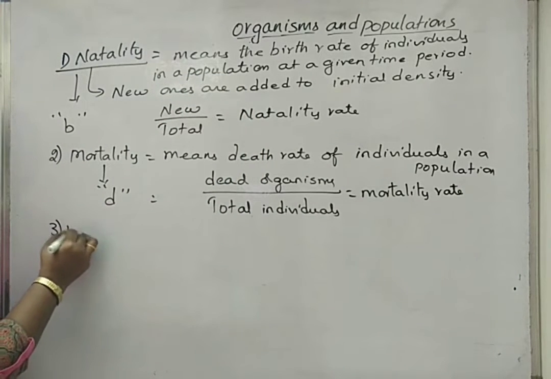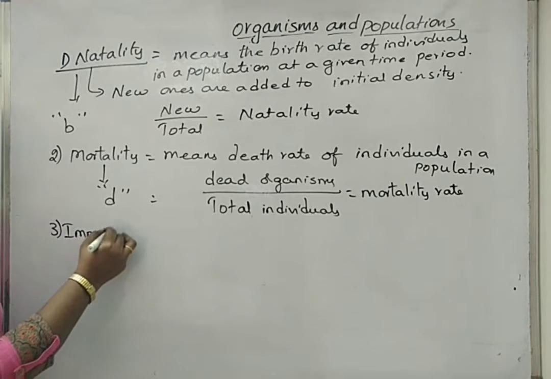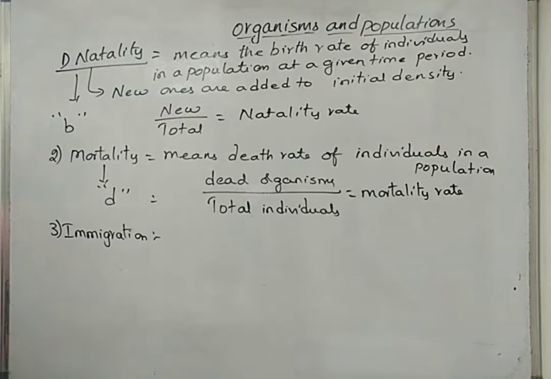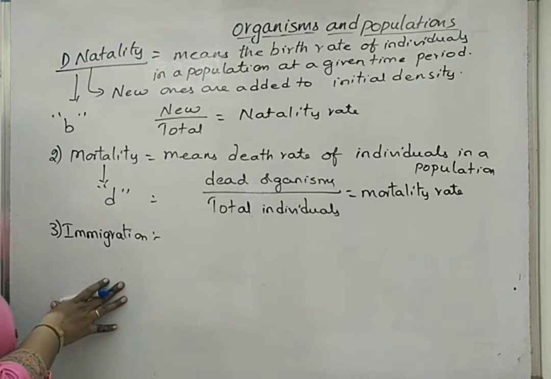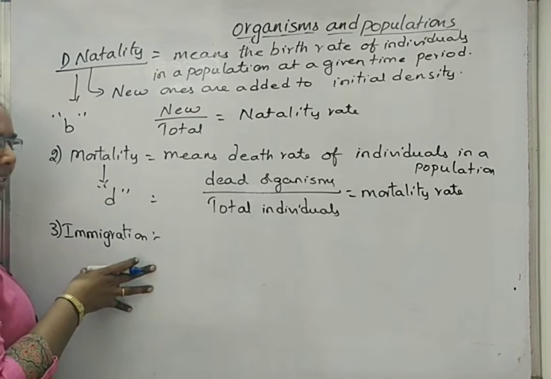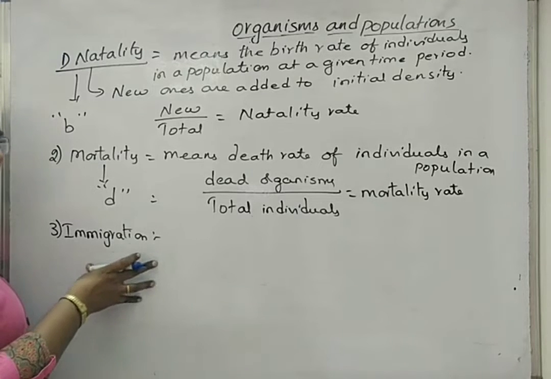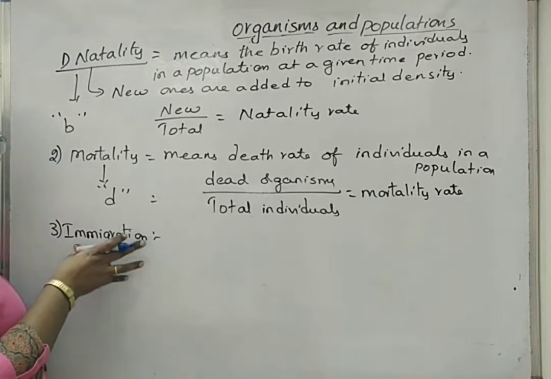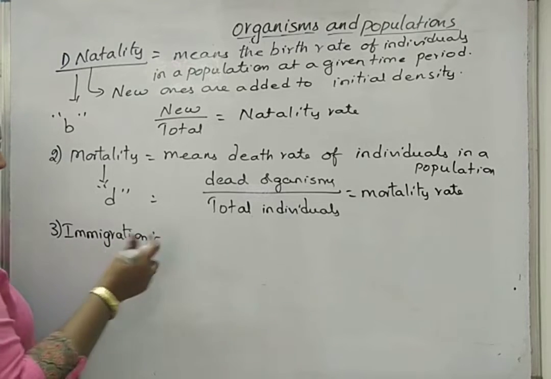Next one is immigration. When some number of organisms or individuals of the same species have entered the initial population, then the population density will be increased, and this we will explain during one particular time period.